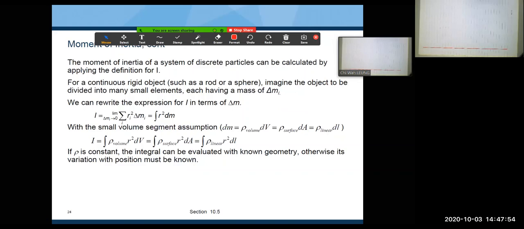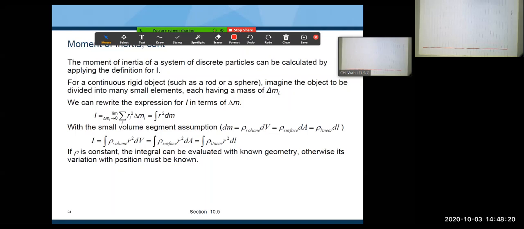And in the case where you have a continuous object, the moment of inertia could be calculated by integration. Once again, these equations are for reference, just to show you how the concept of integration comes into effect. Initially, this is the definition, m_i times r_i squared.